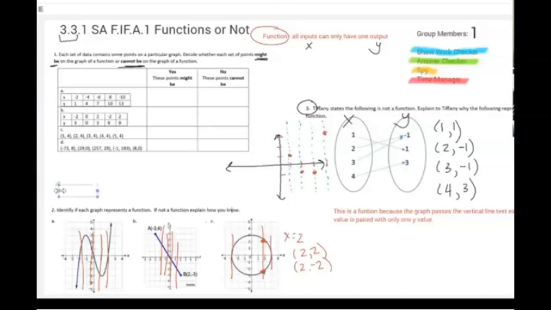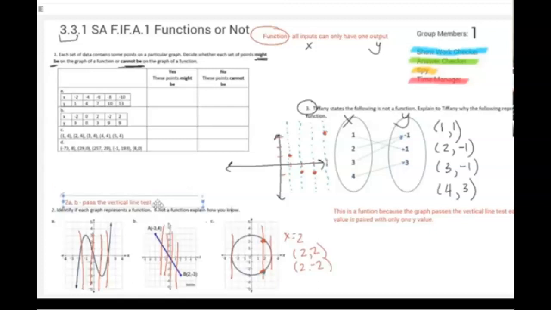You guys have enough to take a screenshot of this. So 2A and B pass the vertical line test. Are we not doing 1? We are not, to save time. There you go.